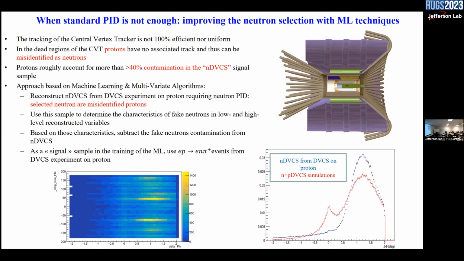Cutting on each of them separately will probably make you either lose too much signal or not cut enough contamination. So what machine learning allows you to do is to combine all the information from all the variables and try to achieve the best compromise between signal and background reduction.